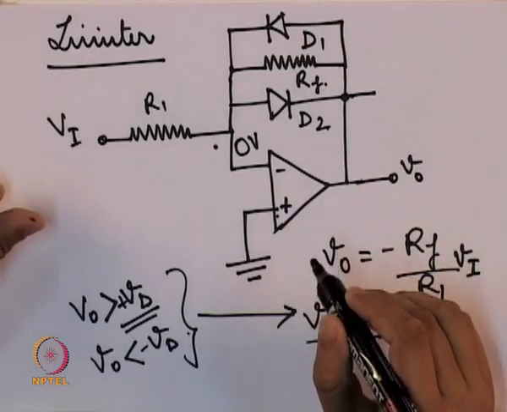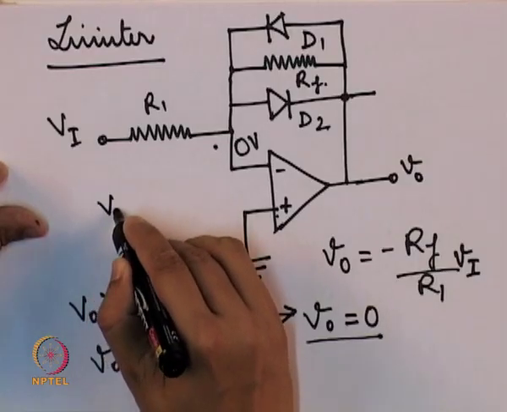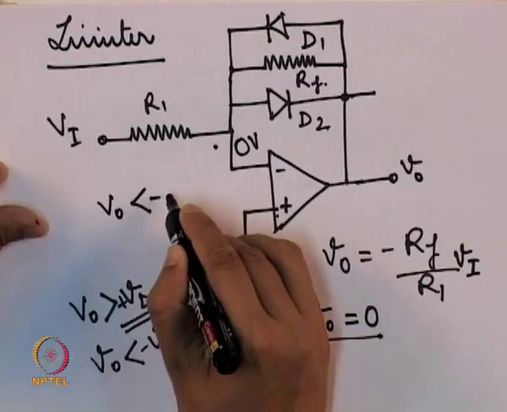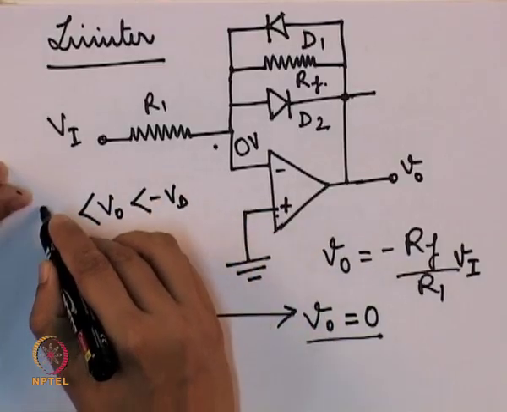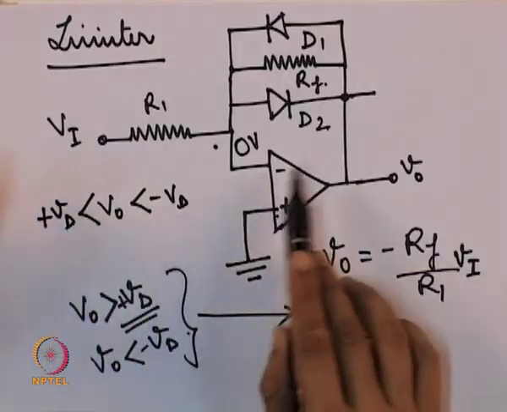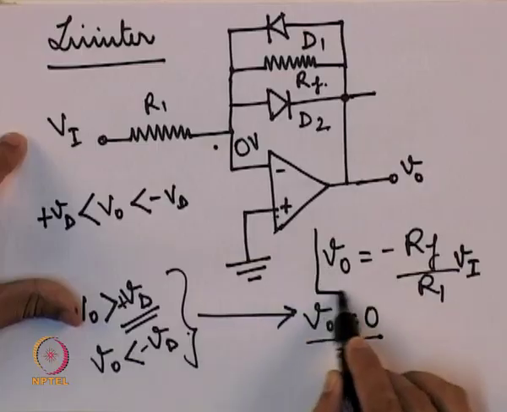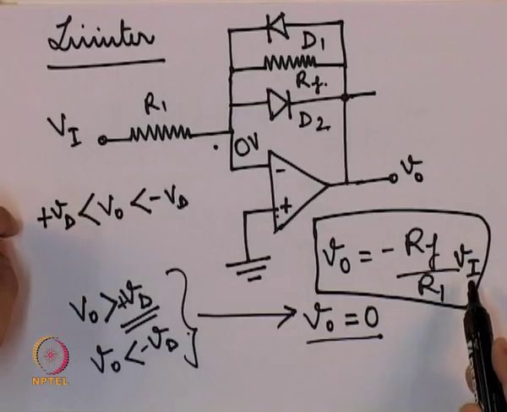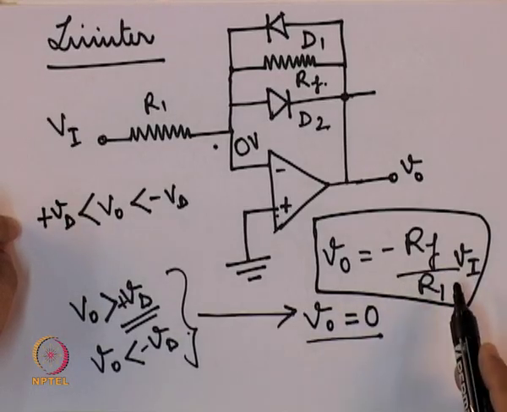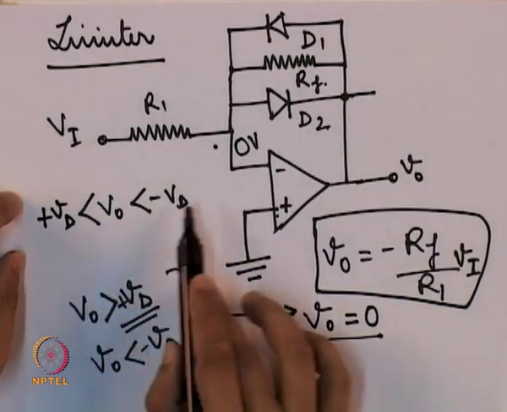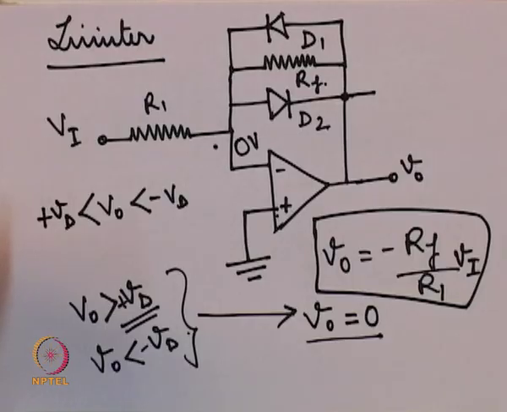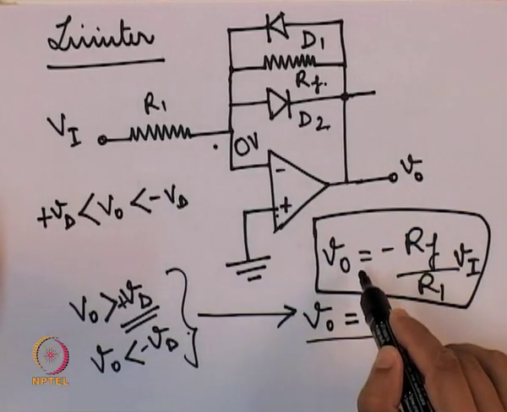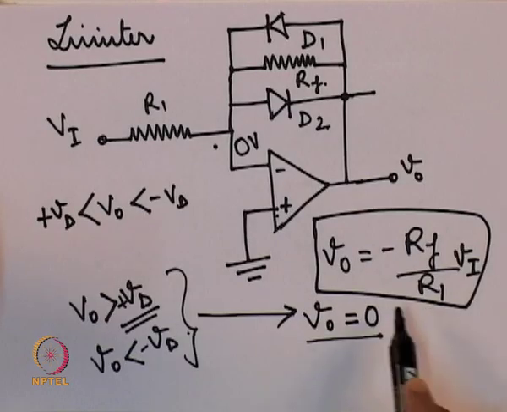So, what we see is that when Vo is greater than minus Vd and lesser than plus Vd, only then this relationship is true. For other values, in other words, when Vi increases or decreases to such an extent that Vo exceeds this limit, then we can no longer guarantee that Vo will continue to follow this relationship.